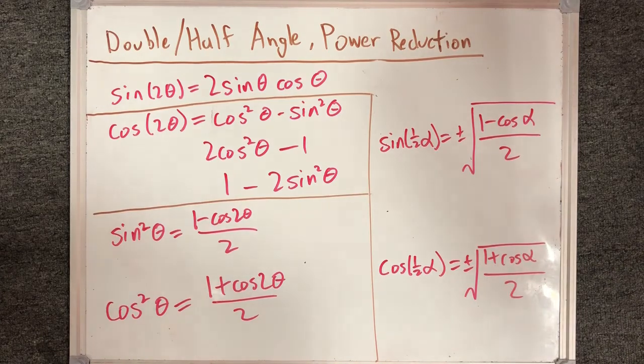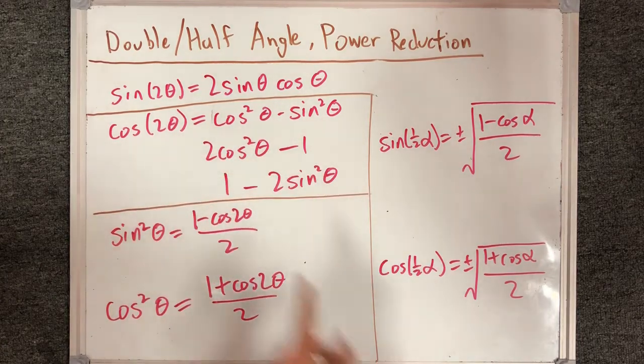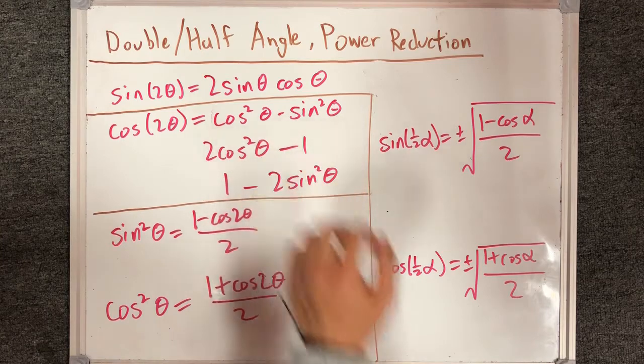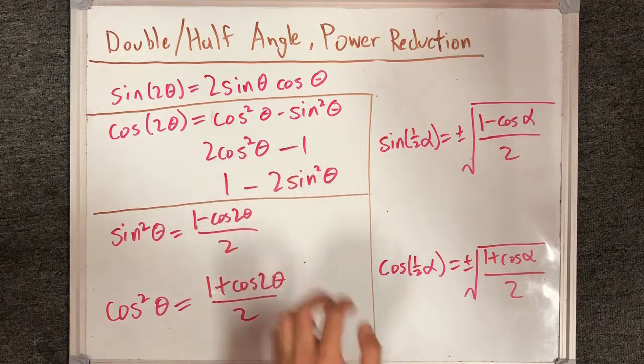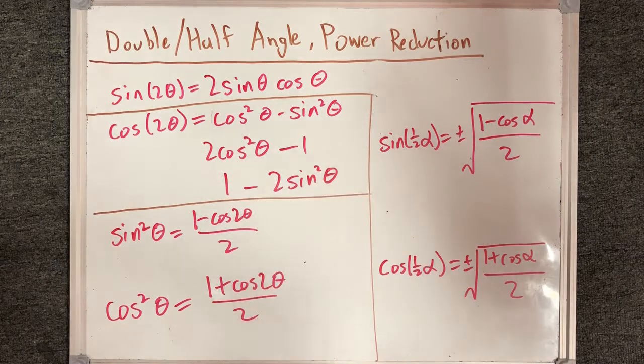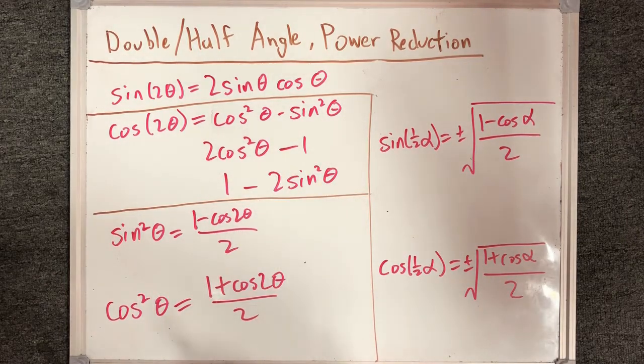And here is a summary of all the formulas we have covered in this video. Sine 2 theta will be 2 sine cos. Cosine 2 theta has 3 forms: cos squared minus sine squared, 2 cos squared minus 1, and 1 minus 2 sine squared. Get familiar with all 3 of these forms. Sine squared is 1 minus cos 2 theta over 2. Cosine squared is the same thing, except 1 plus cos 2 theta over 2.